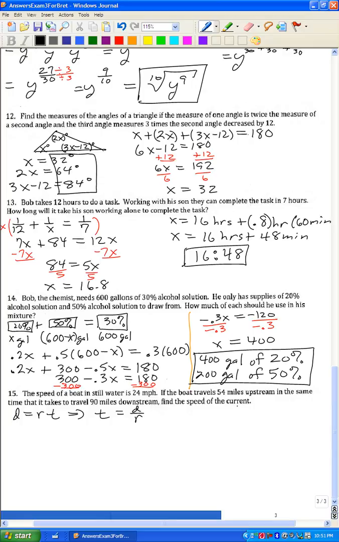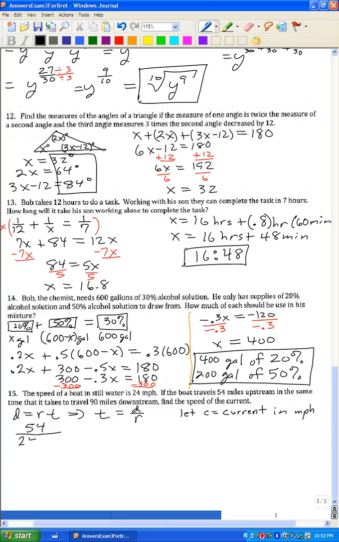Let c be the speed of the current. And let's do this in miles per hour, because everything's given in miles per hour, and so 24 miles per hour. And so the time to go upstream would be, well, distance is 54 miles. Normally, in still water, you can go 24 miles per hour, but you're going against the current.